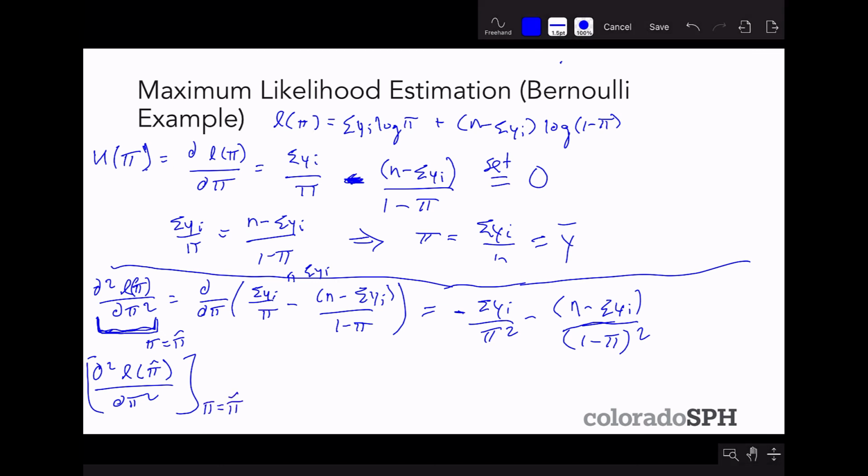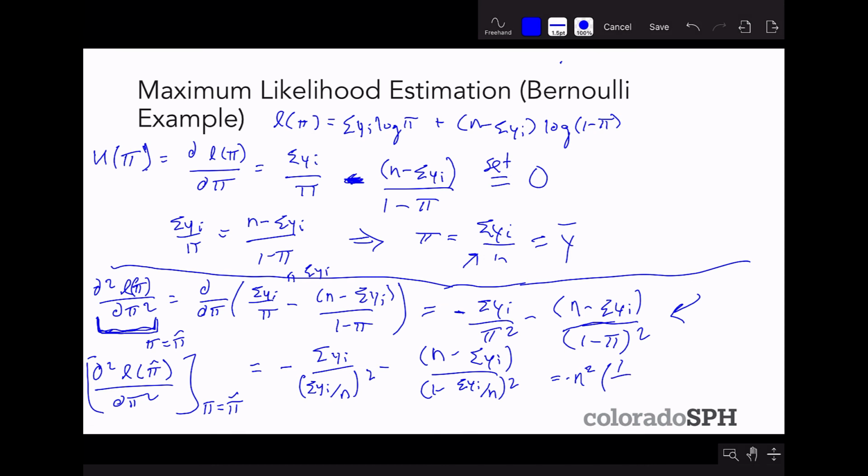So now we just plug in this value of sum yi over n into what we calculated for the second derivative here, and that gives us negative sum yi over (sum yi over n) squared minus n minus sum yi over (1 minus sum yi over n) squared, which simplifies to negative n squared times 1 over sum yi plus 1 over n minus sum yi.